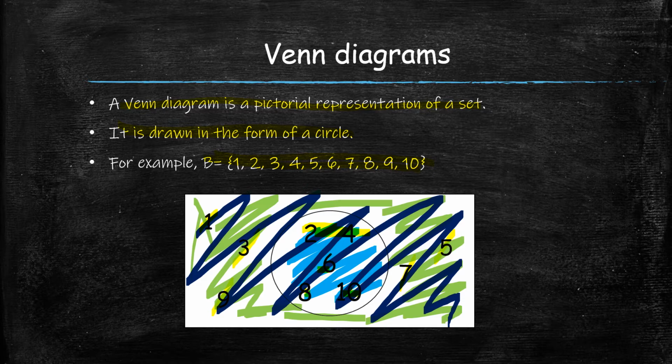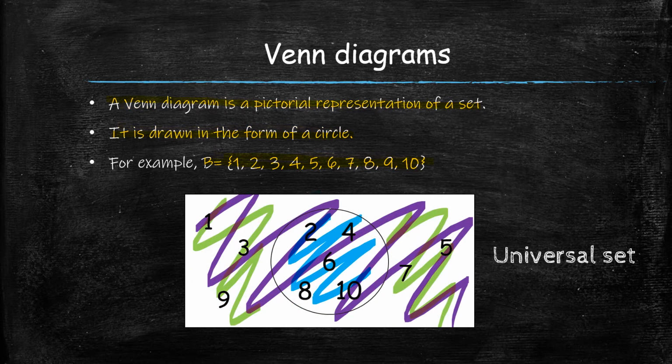We call this the universal set, which contains even numbers and those numbers which are not even. So this whole diagram represents this set B, the universal set, and this circle represents the set of even numbers. So this is how you show a set through a Venn diagram.